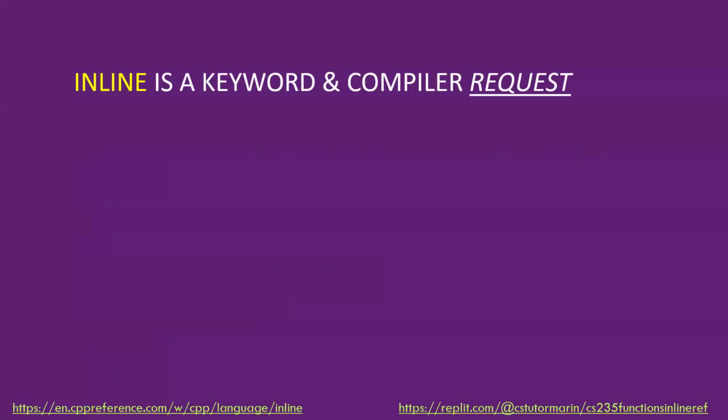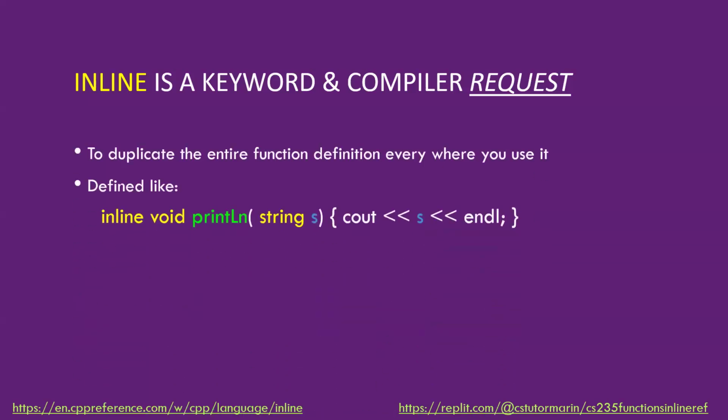Don't know if we covered inline, but if you run across it in your travels, it is an interesting concept, and it used to be more popular than it is. So inline tells the compiler, hey, instead of calling the function over and over again, if it's a really small function, just copy and paste the actual code from the function right here.